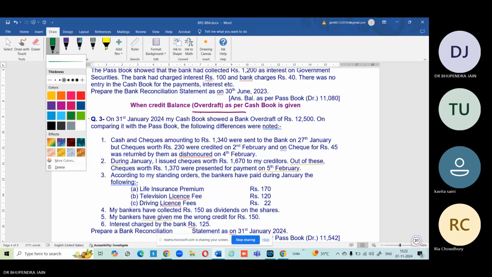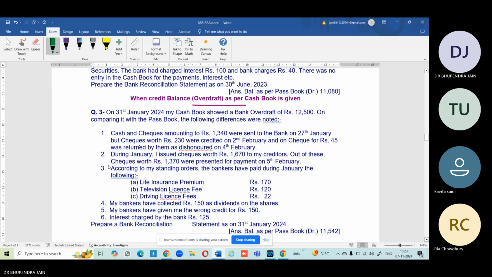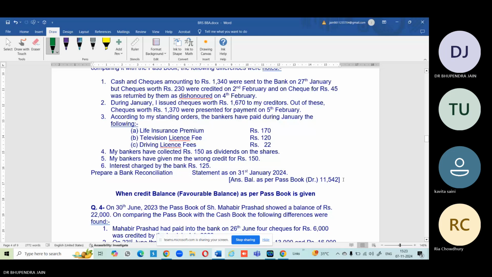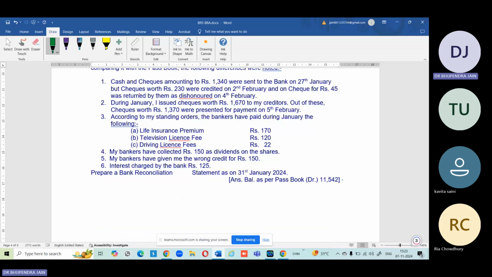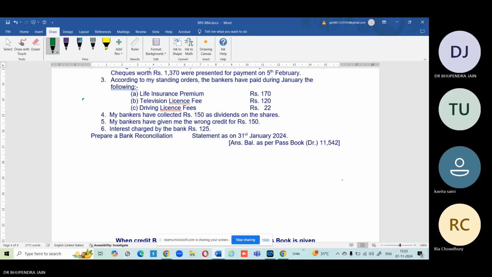Debit balance. In this question, overdraft balance means credit balance. Method is same. Prepare a bank reconciliation statement as on 31st Jan 2024.